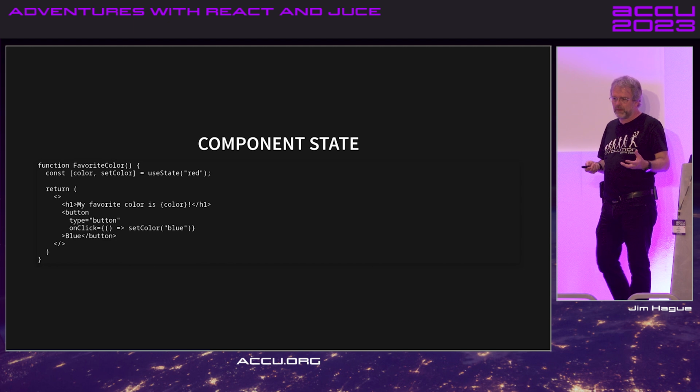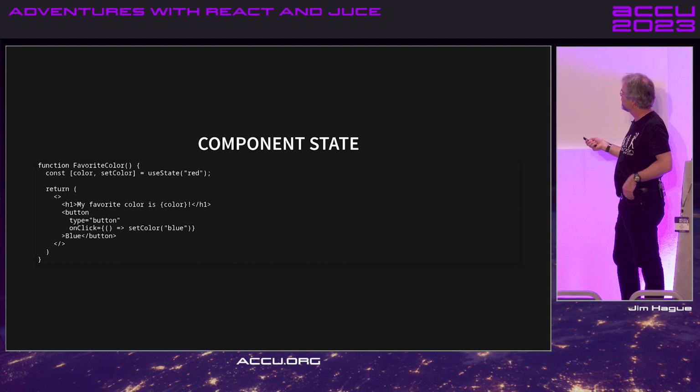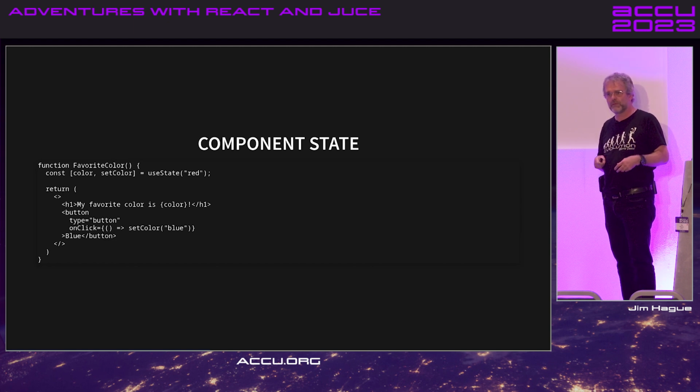React has the concept of state for a component, and what's happening here is this React method useState is creating a state with an initial value of red, and it's returning two items. The first one will retrieve the current value. Those are two functions.